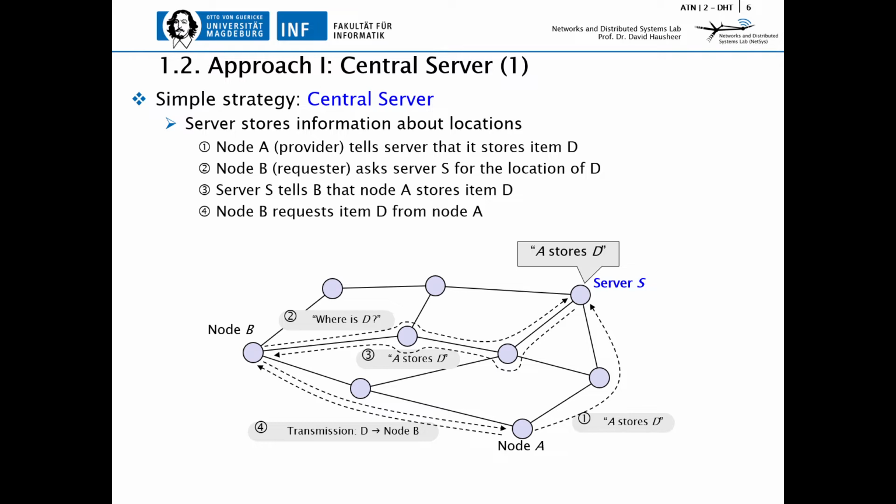So in a second step, a node B, for example, who is interested in this item, just needs to request the server S for the location of that item D. And then the server S will tell B that in this case node A stores that particular item D, and then node B can request that item from node A directly.